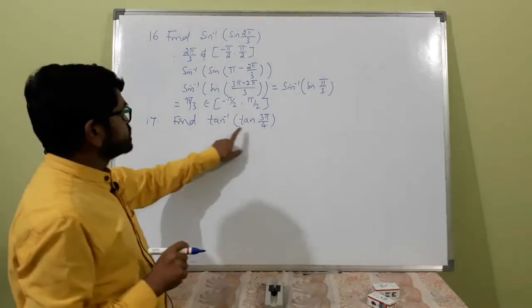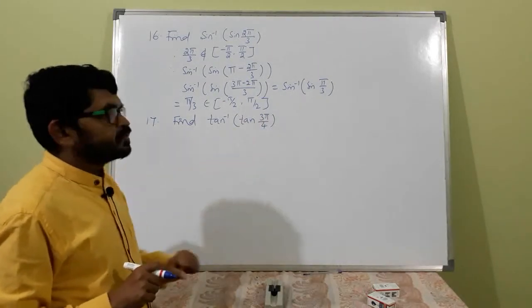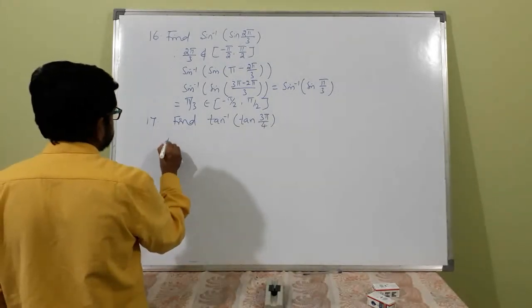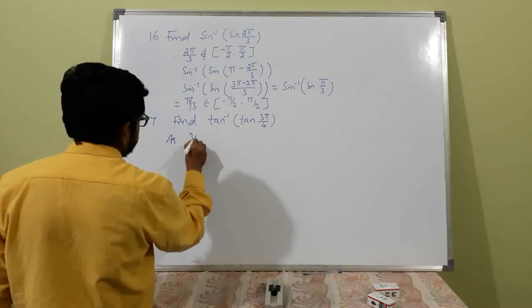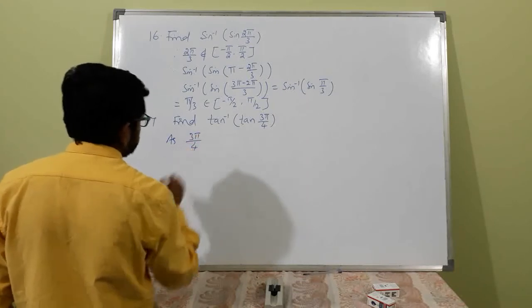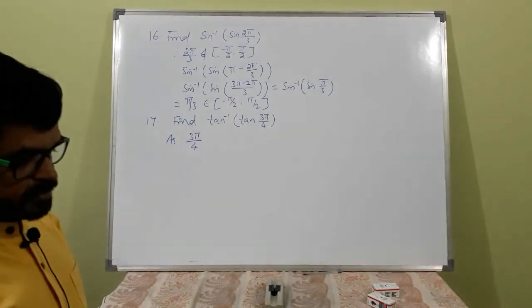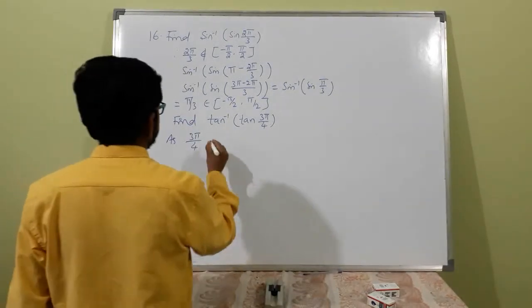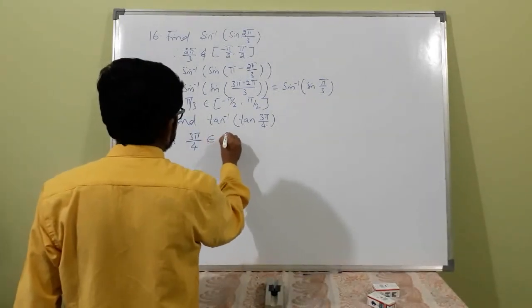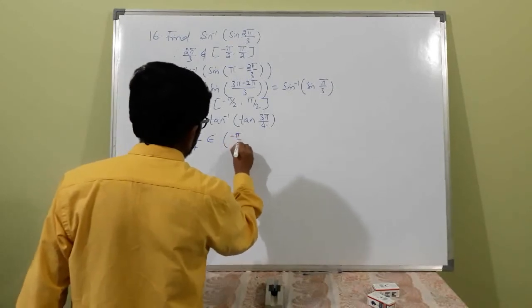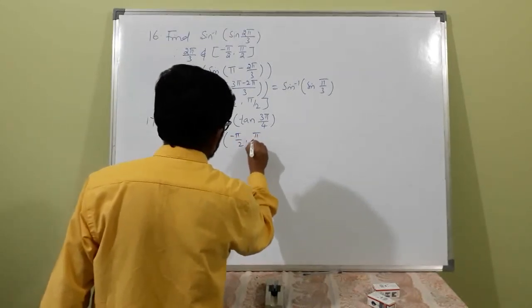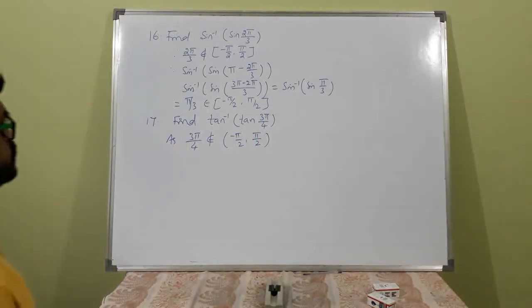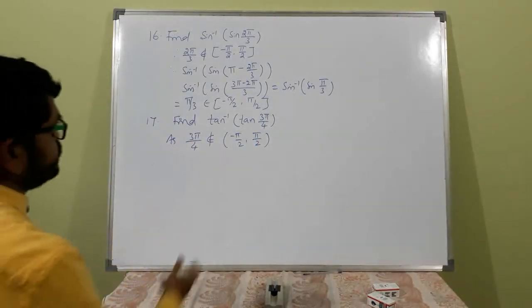Similarly, you can't cancel here and get the value as 3 pi by 4, because what is the principal value branch for tan inverse? Minus pi by 2 comma pi by 2. So this does not belong. So that is outside pi by 2.